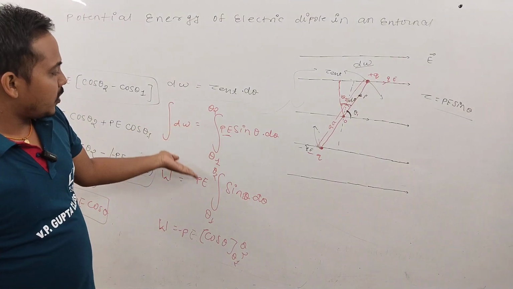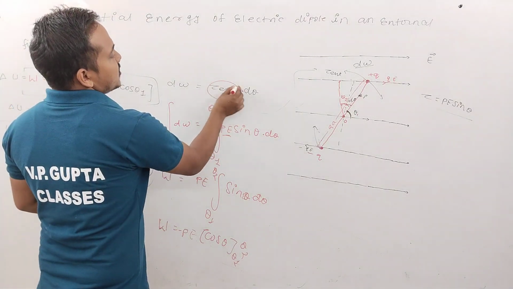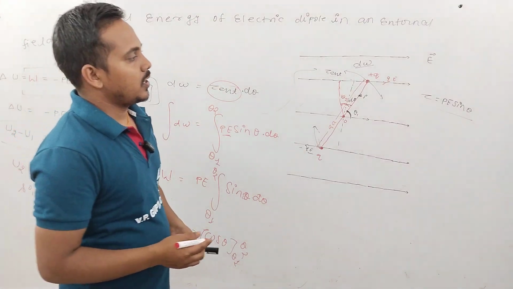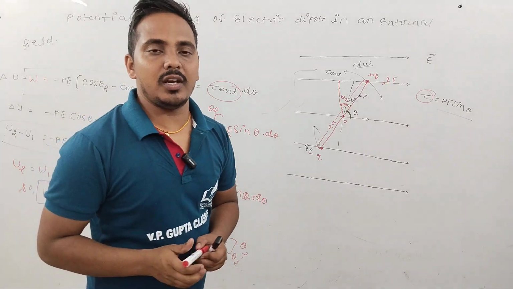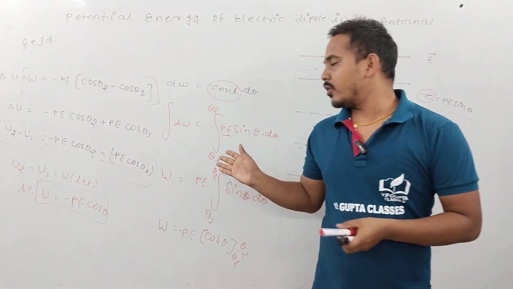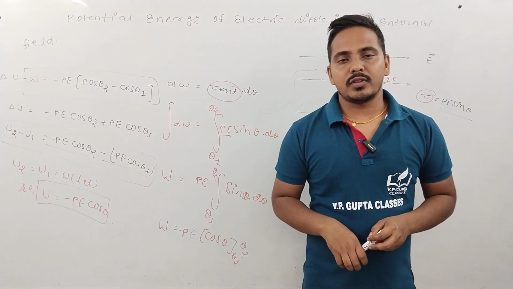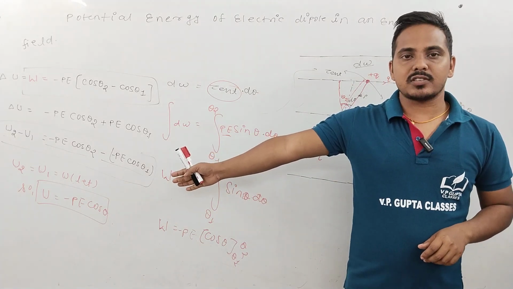Since tau ext varies with theta, it is a variable, so it integrates from theta 1 to theta 2 with respect to theta, and we get a result of this type.